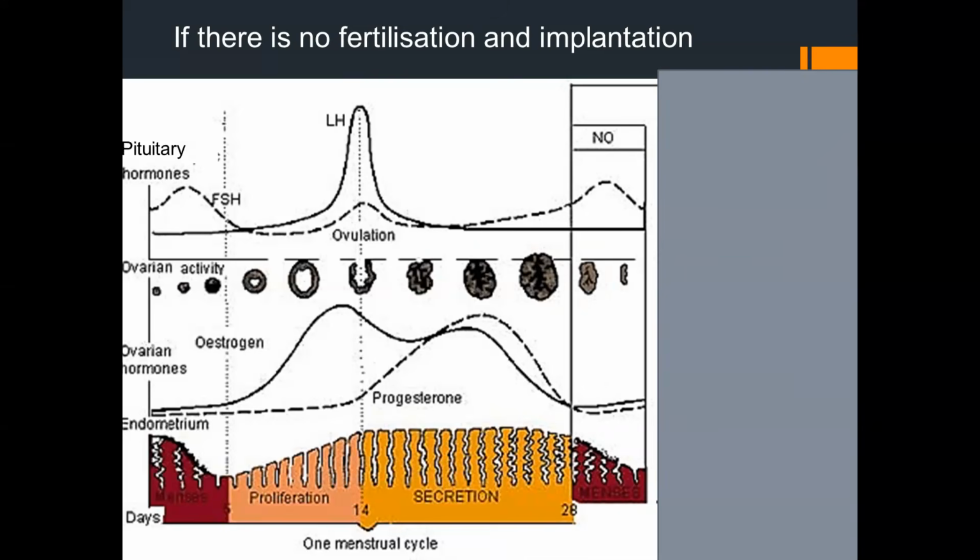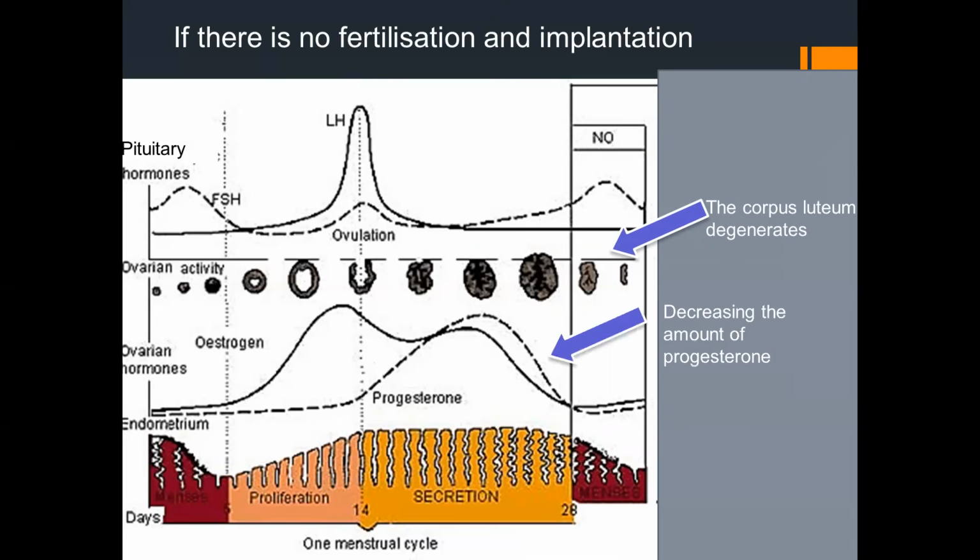So if there is no fertilization, then what happens is that the corpus luteum shrinks, it degenerates or disintegrates. So we find that now the corpus luteum has decreased in size. The function was to secrete progesterone. So if it decreases in size, we find that the amount of progesterone decreases, and progesterone was maintaining the endometrium.